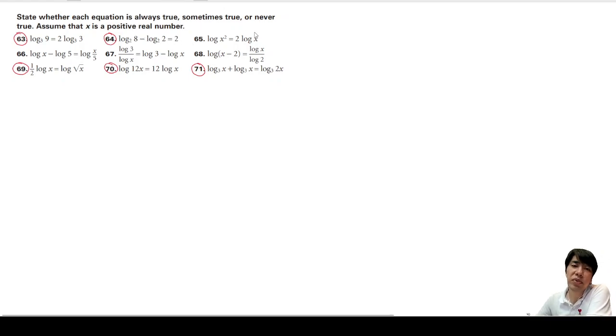So for example, like 65, the left-hand side, log x squared, can be rewritten using a log property. This power can be taken in front of this log. So that's the same as 2 log x. So basically, this is what you have on the right-hand side. So this is always true.